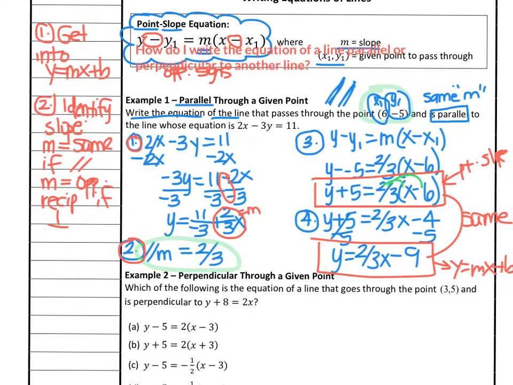Step 3 that we did was over here. So step 3 is to plug your slope, which is m, and your point, x1, y1, into the point slope formula.